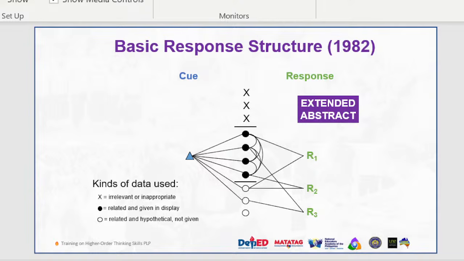So he was able to provide more than one data, connect those data, and add hypothetical data or answers that were not part of the options. He was able to provide more than one response.